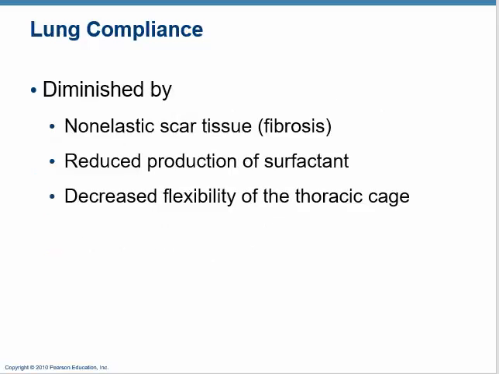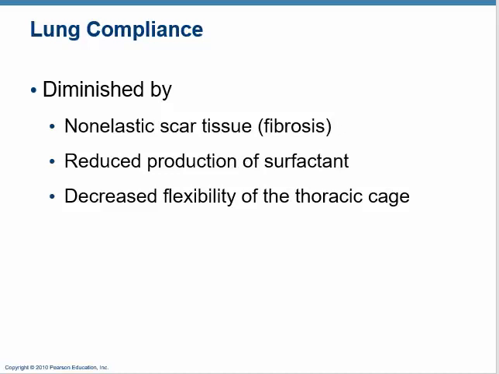So lung compliance will be diminished by scarring in the lungs, so non-elastic tissue, fibrosis of the lungs is a big deal. Reduced production of surfactant, like my buddy, or you can have decreased flexibility of the thoracic cage, so broken ribs will do it.